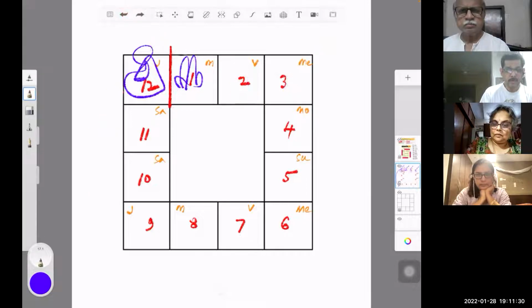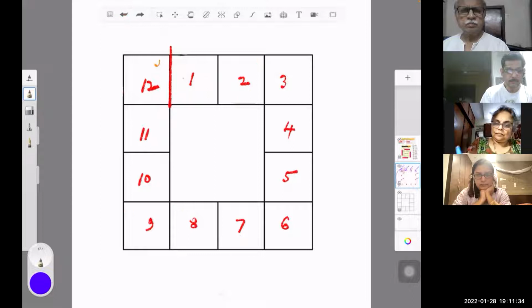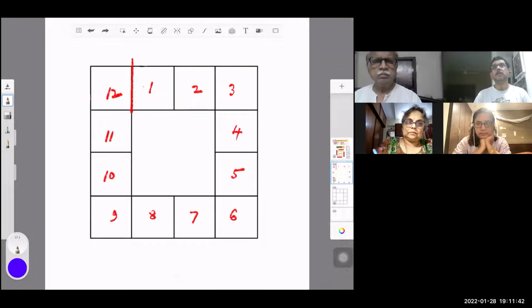Now we go to the next step of the aspects. Till this point, all clear? Oh, Rashmi has come. Rashmi, are you in? Okay, she's coming. Rashmi, can you hear us? Rashmi?